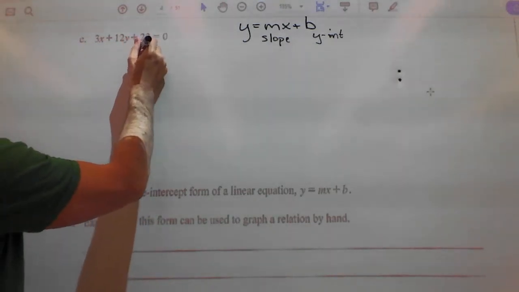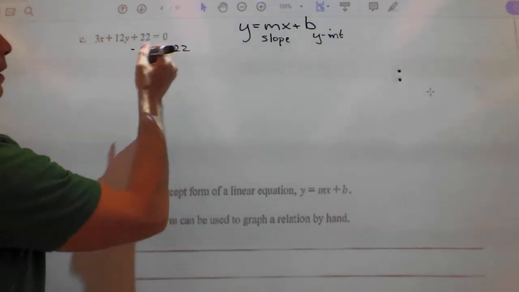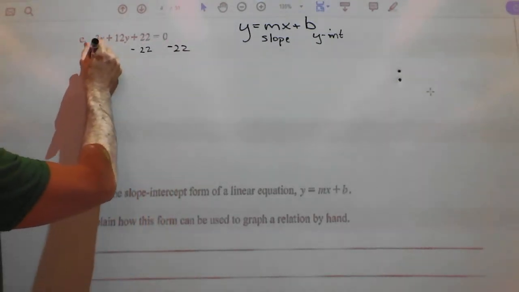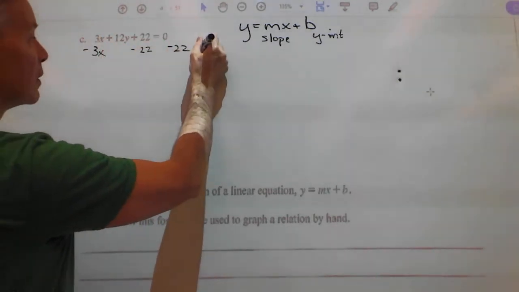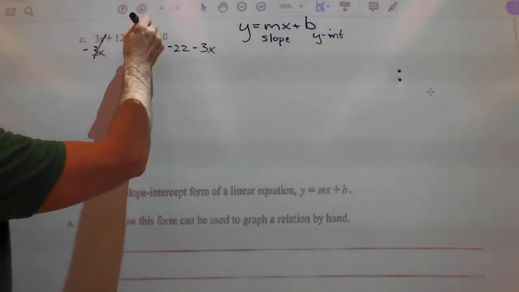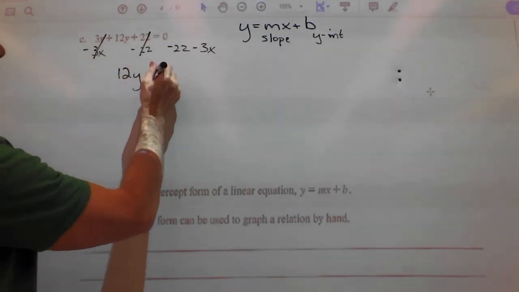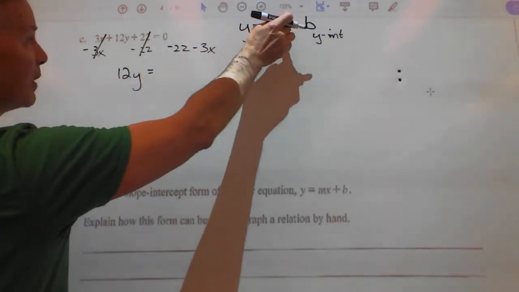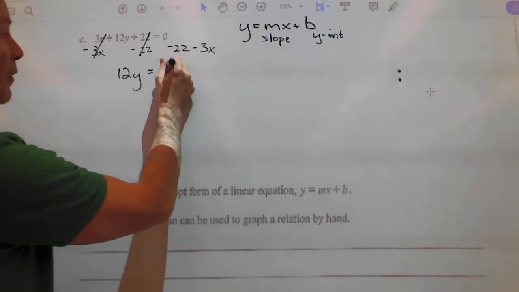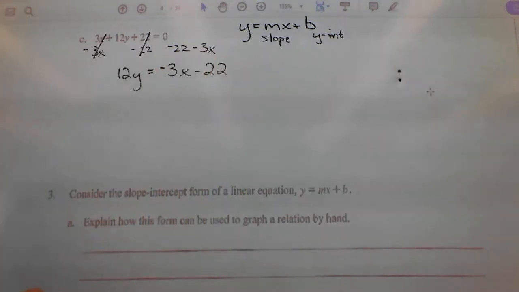We can say, well, I know I have to take away 22 from both sides, and I know I have to take away 3x from both sides. So 3x minus 3x is 0, 22 minus 22 is 0. That leaves us with 12y equals, and I'm just going to put this in the y equals mx plus b order, so I'm going to write it as negative 3x minus 22.